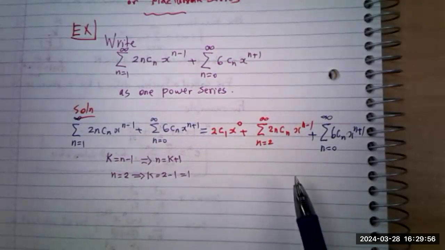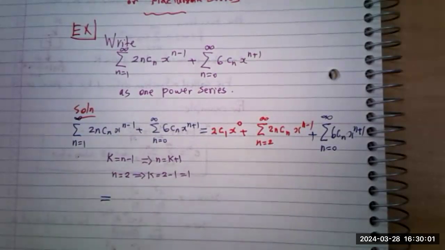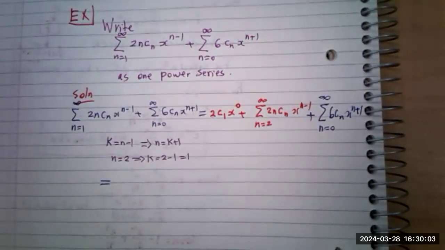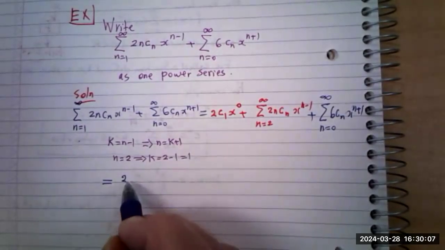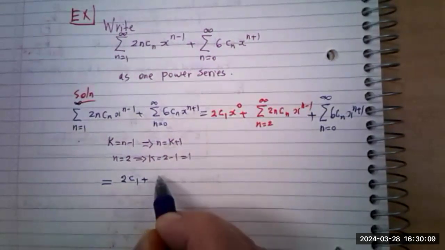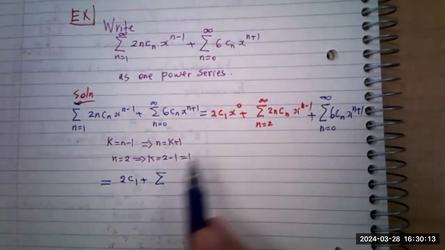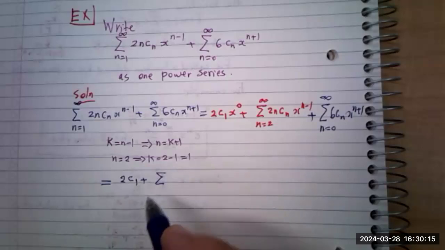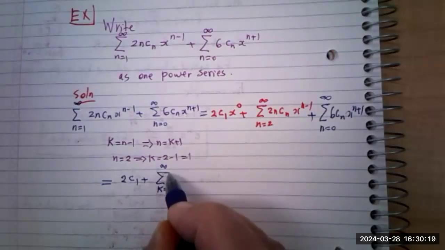So I'm going to take this one again and bring it here. So this is going to be equal to, you do this right away, the first one, x to the 0 would be 1. So I get 2c1 plus sigma of, this is n equal to 2. n equal to 2 is equivalent to k equal to 1. So it's going to be k equal to 1 to infinity.